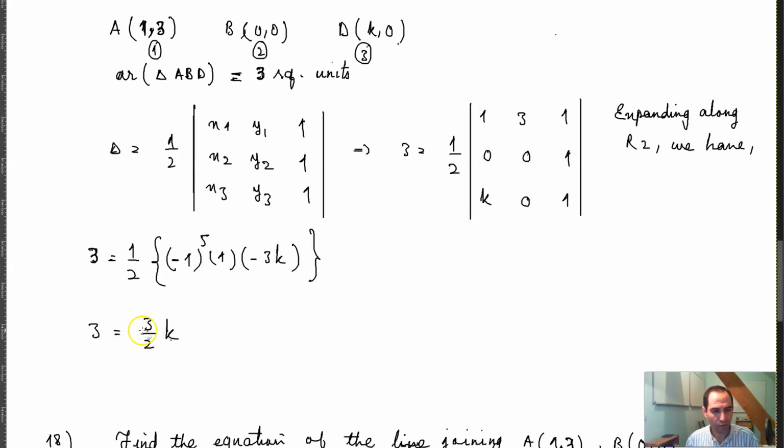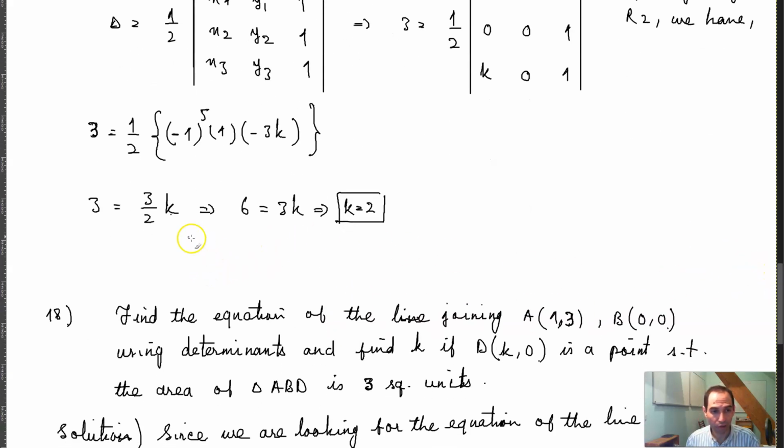If I multiply by 2, I will get 6 is equal to 3k. That means that k is equal to 2, right?